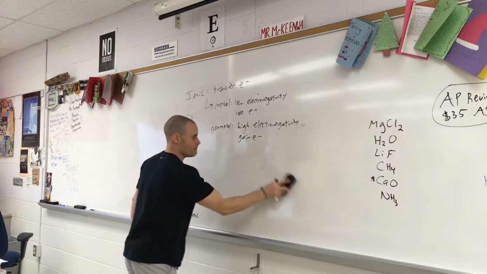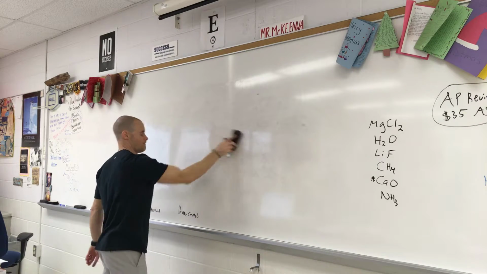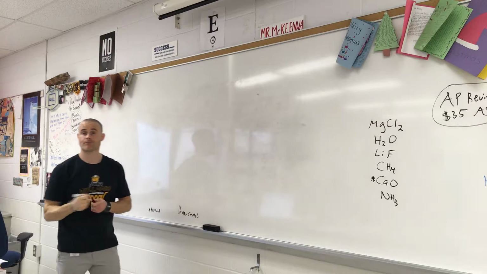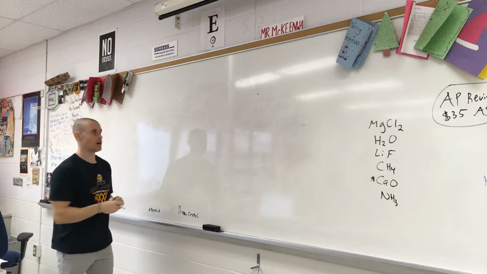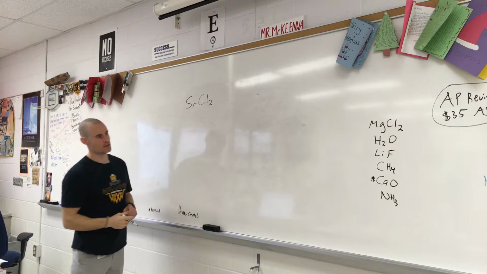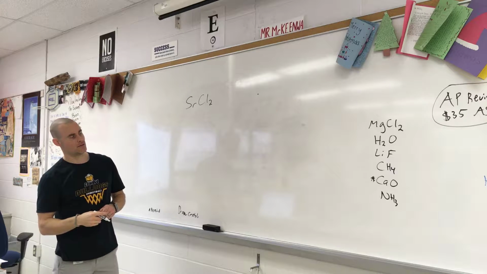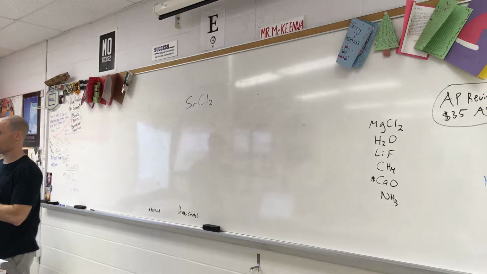All right, so let's do one of each right now. Let's do strontium chloride. So we're going to go SrCl2. We're going to do the ionic dot structure first, then we'll do a covalent.